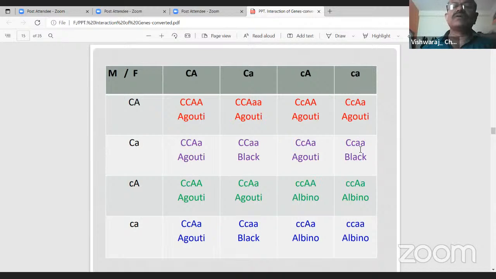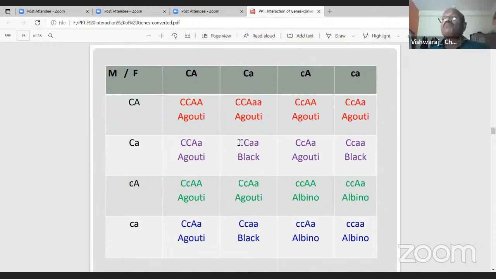Capital C, small c, capital A, small a gives agouti. Capital C, small c, small a, small a gives black. Capital C, small c, capital A gives agouti. Small c from male and small c from female, with capital A, gives albino. When only capital C is present in dominant, the color is black, but when small c pair is present, albino color appears.